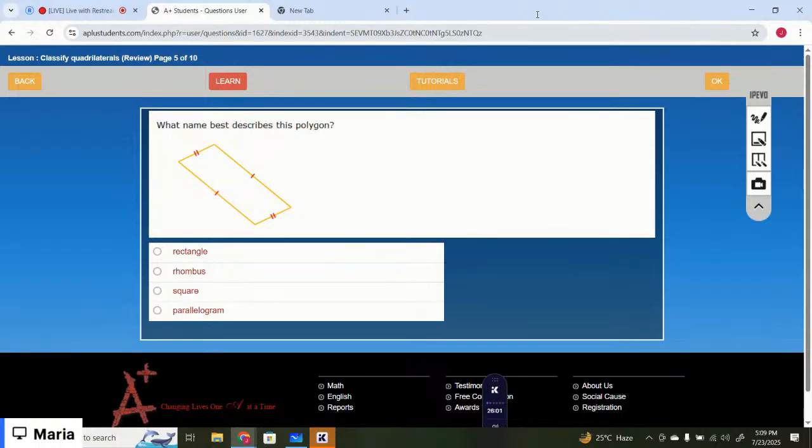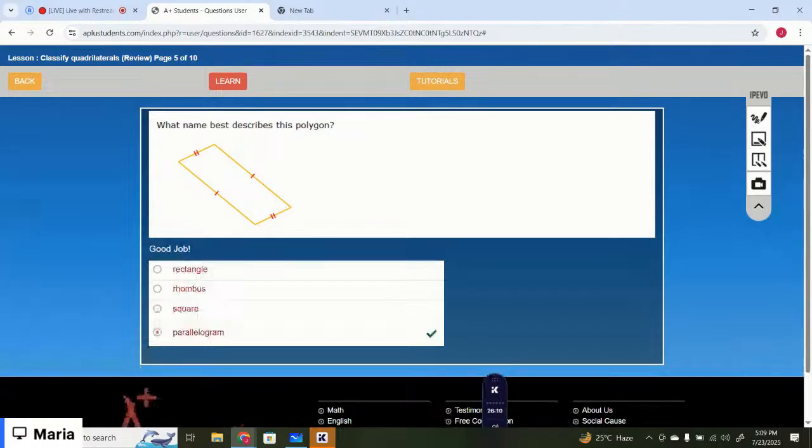What name best describes this polygon? That is the parallelogram because the opposite sides are parallel.